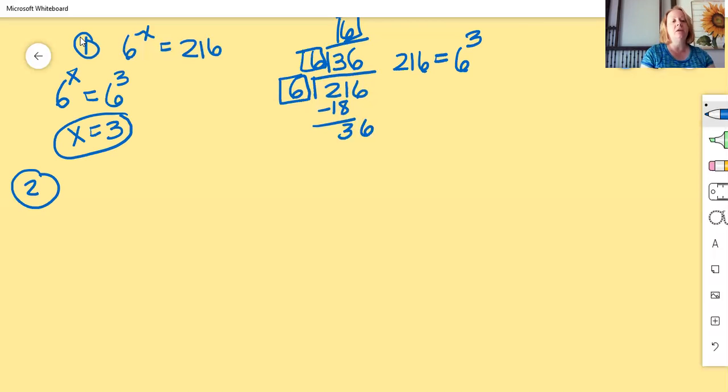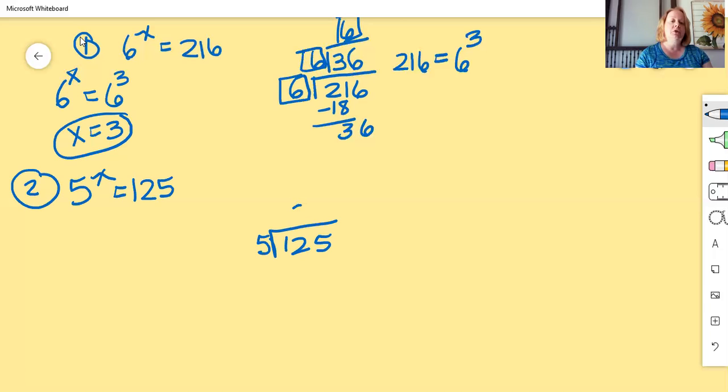So let's say 5 to the x equals 125. So we know we have to make this a power of 5 to an exponent. So let's just start dividing. I'm just going to leave myself a little space above 125. So 5 into 125 is 2 with 2 left over. 5 into 25 is 5. And 5 and 5 here. So we have 1, 2, 3.